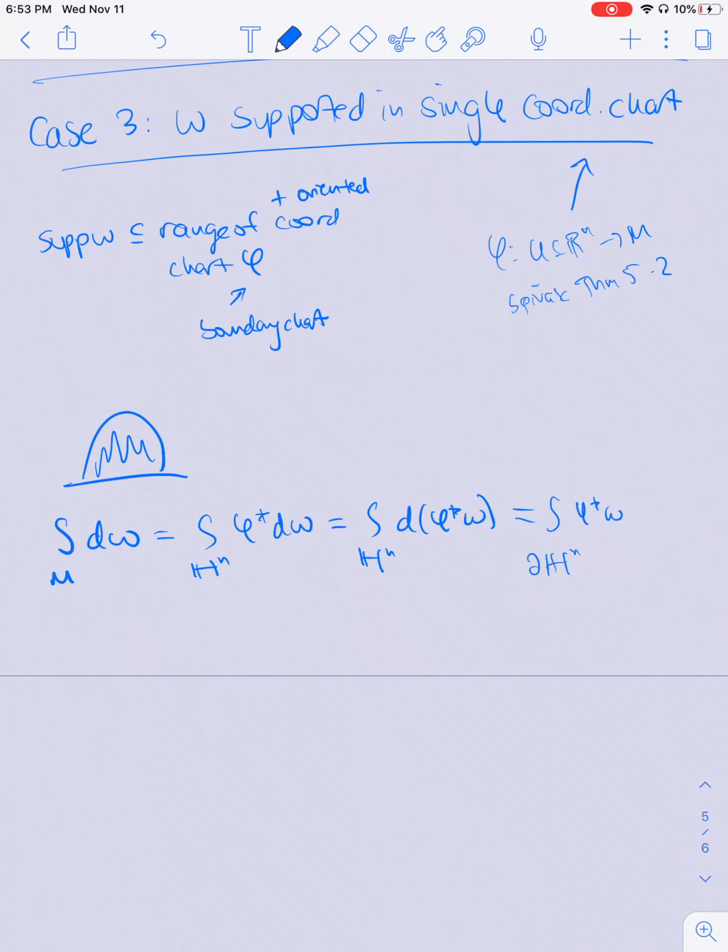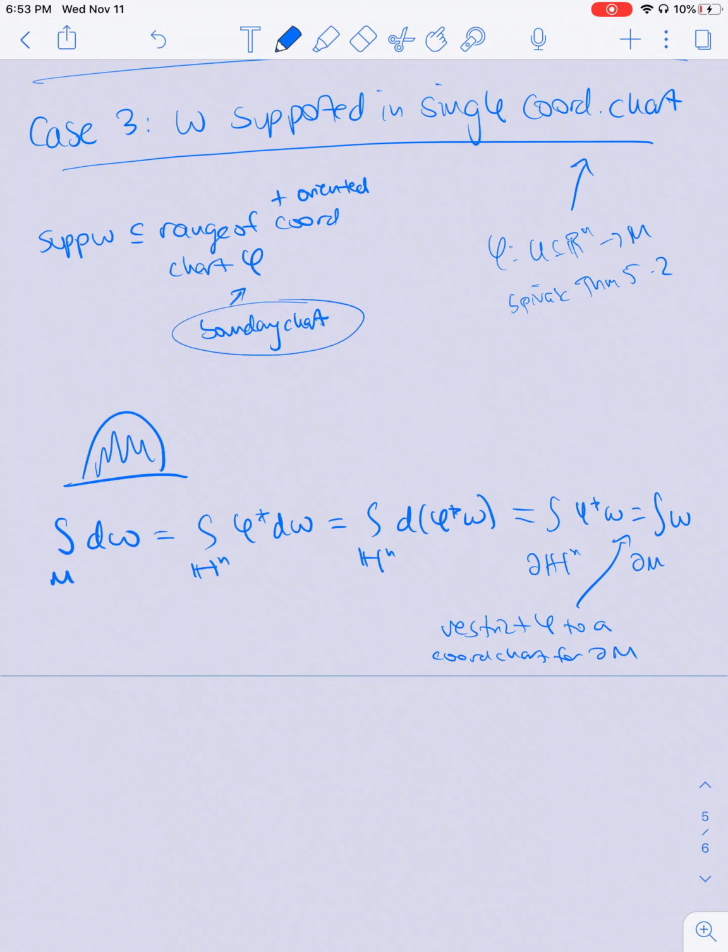So the last thing that I need to do is show that this is the integral over the boundary of the manifold of omega. And that's going to be true because I can restrict phi to a coordinate chart for the boundary of M. And the same thing will be true for an interior chart.